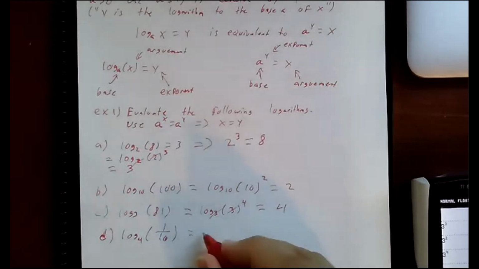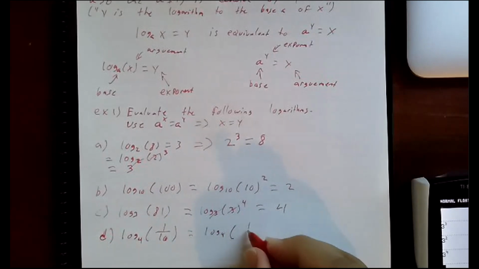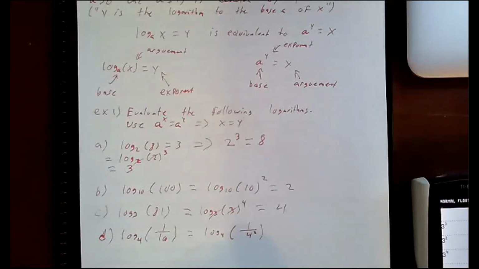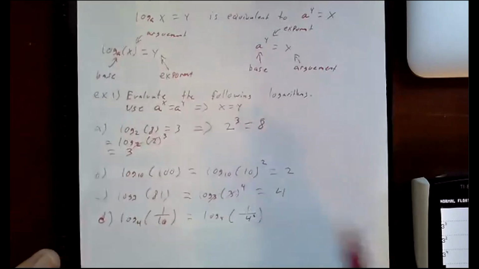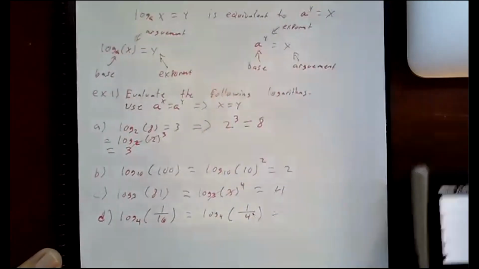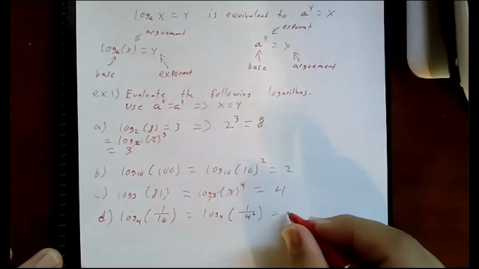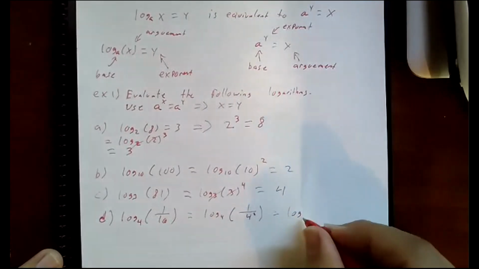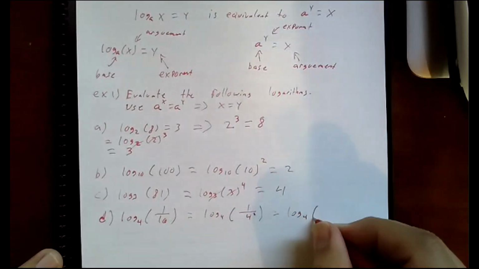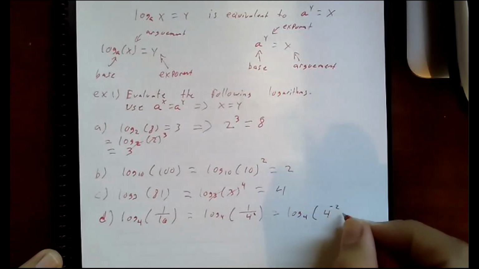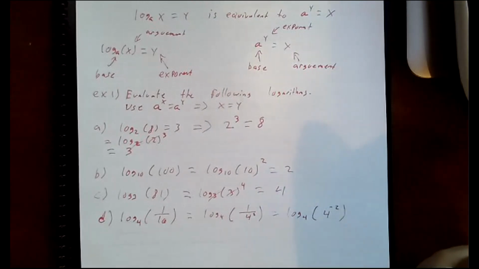So what you can do is change it into a fraction, or leave it as a fraction, but change the lower part into a power of 4. So now it's almost ready to cancel. So what you need to do is rewrite it as 4 to the negative 2. Okay.